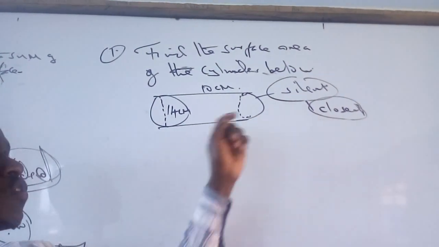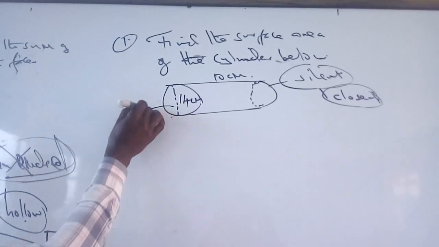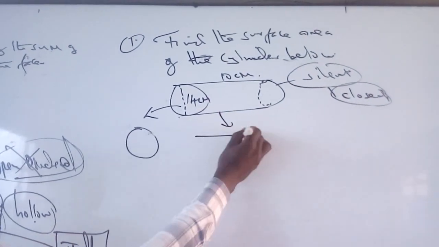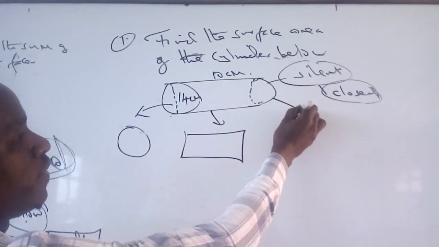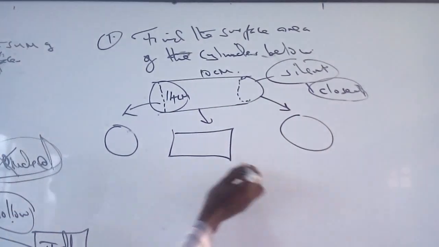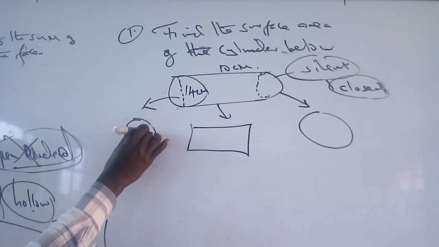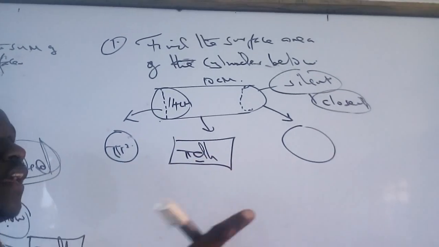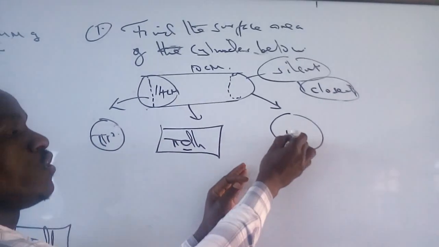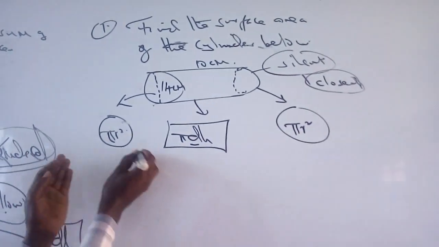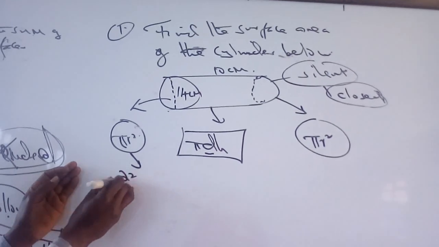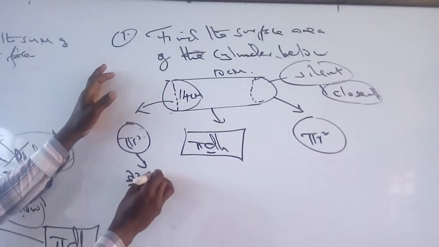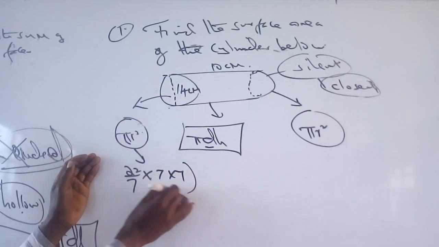So if the cylinder is closed, we have the area of a circle, the curved surface, and the area of the other circle. So area of a circle, pi r squared, area of the curved surface, pi dh, and the area of the other circle, which is pi r squared. So how do we get this? Pi is 22/7, our diameter is 14, so radius 7, times 7.